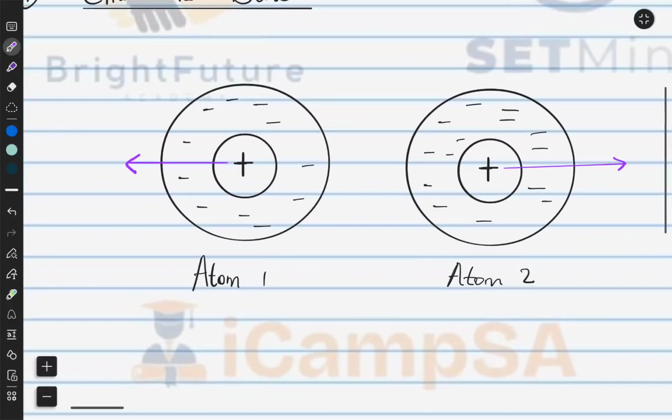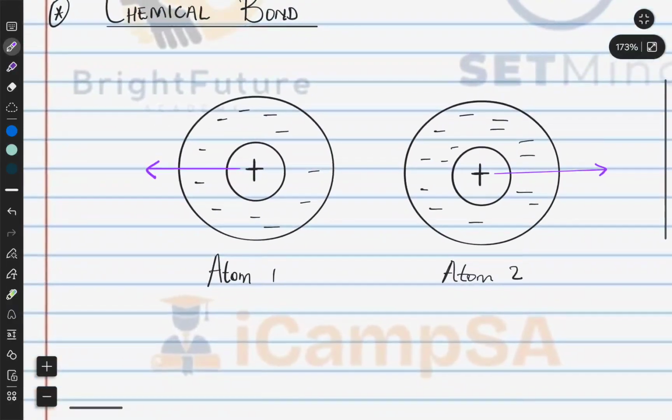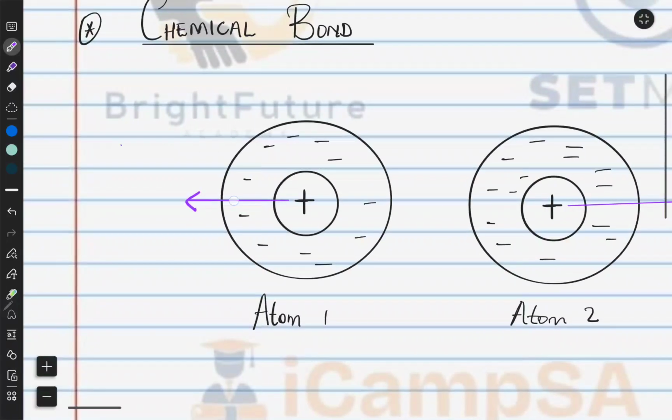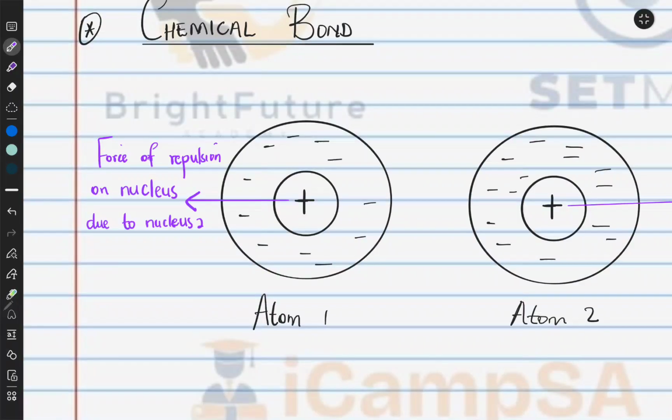Right, so that's what will happen. We can label these forces. I can call this the force of repulsion. This is the force of repulsion on nucleus 1 due to nucleus 2.